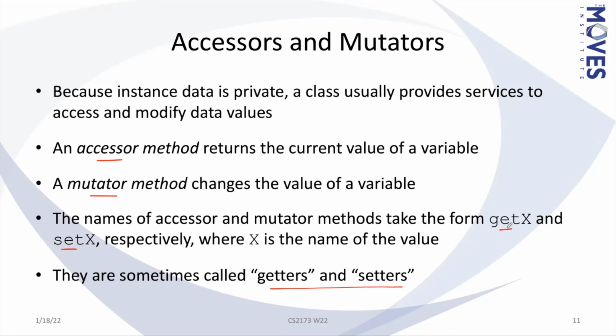There's one exception to that: if you have a Boolean variable, the getter will typically say is X, just because it sounds better.